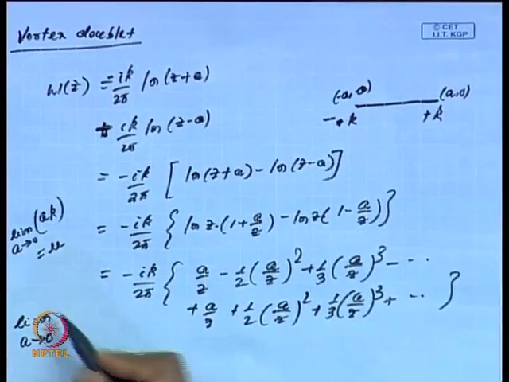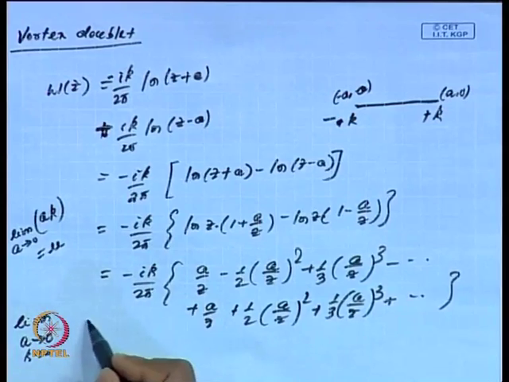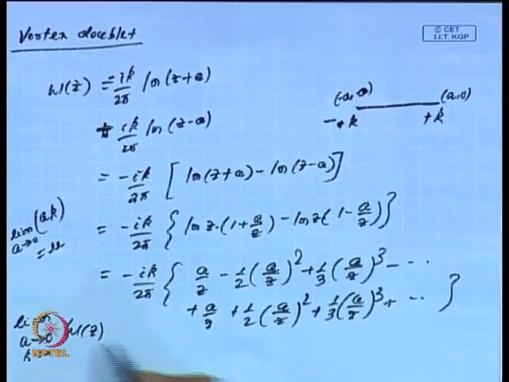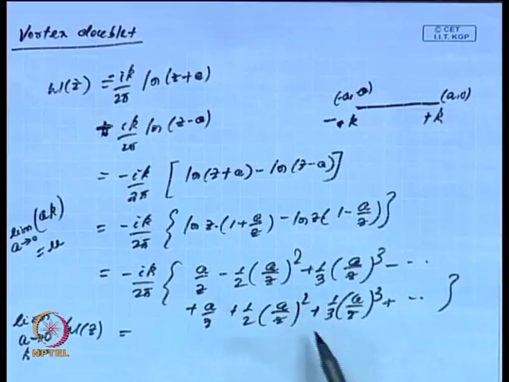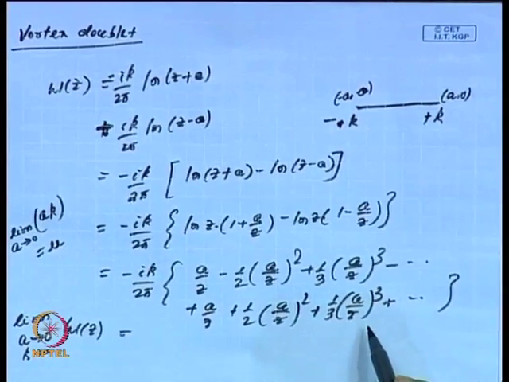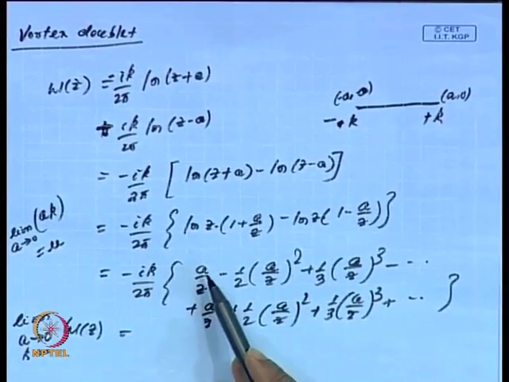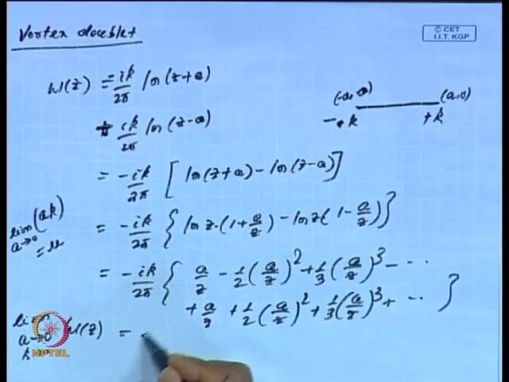So in the limiting sense, when a tends to 0, these terms contribute 0, and the term k into a by pi gives some mu by z.